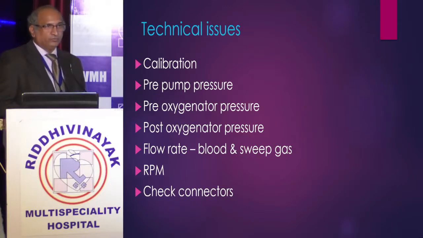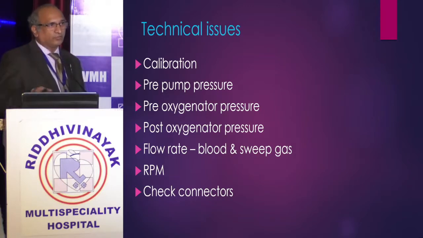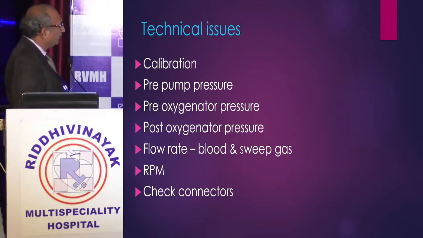When I say technical issues, it starts with your calibration, whether the readings you are getting are appropriate or not. For example, whether your pulse oximeter probe is properly placed, or suppose your pressures are showing low, whether it has been zeroed properly. Those are the calibration errors, and that is the first thing you have to rule out.